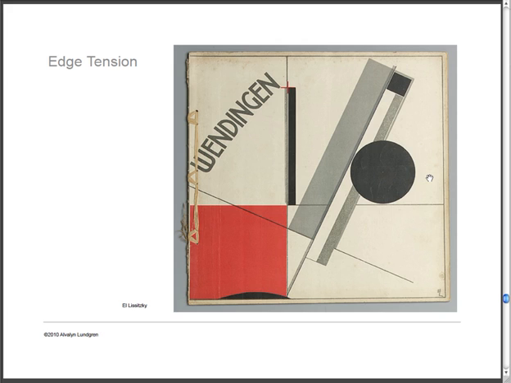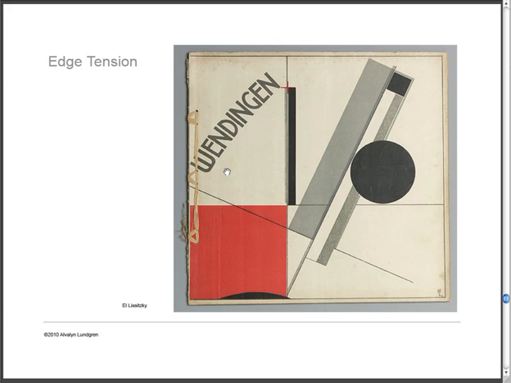This is out of the Bauhaus School, and it's a magazine cover actually. Lundgren is, I'm not sure I'm pronouncing that correctly, but it's a German name that I understand means upheaval. And the Bauhaus was about art and architecture and design.